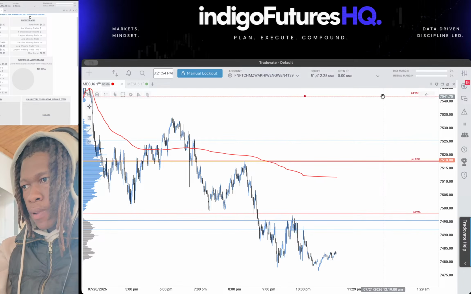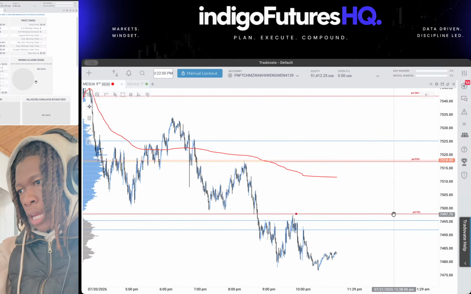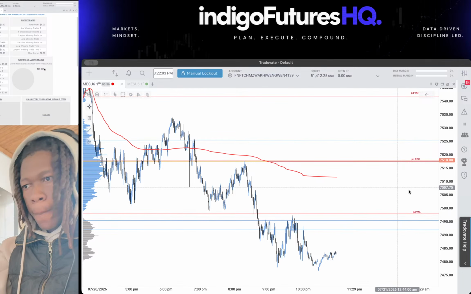Previous day value area high at 542. Previous day point of control at 517.50. Previous day value area low at 498.